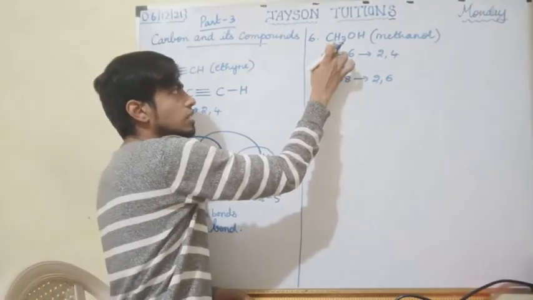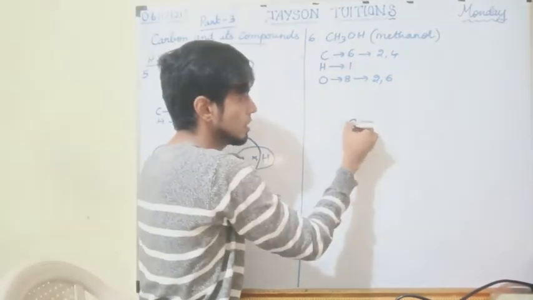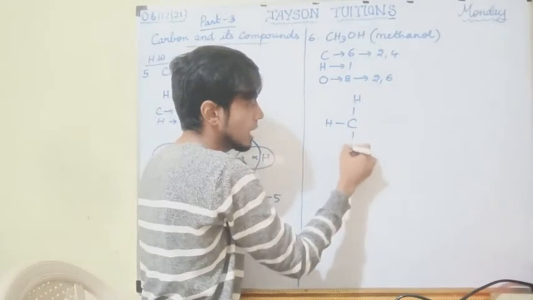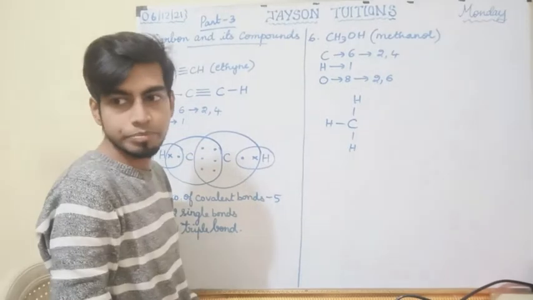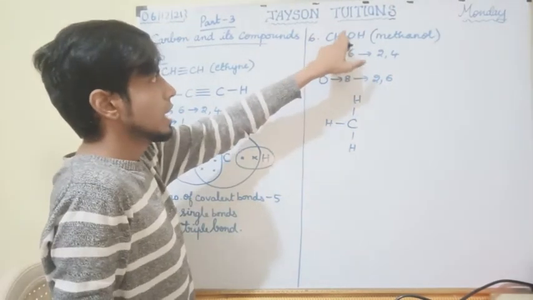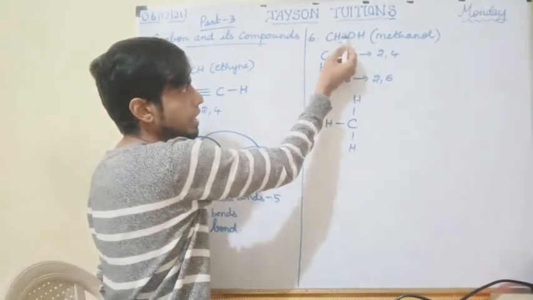Okay. So see here CH3. CH3 means what? 3 hydrogens are attached to this carbon. Okay, and OH, if there is no bond given in between, there is no bond given here, yes or no?